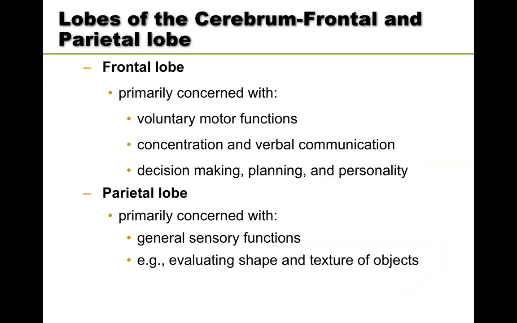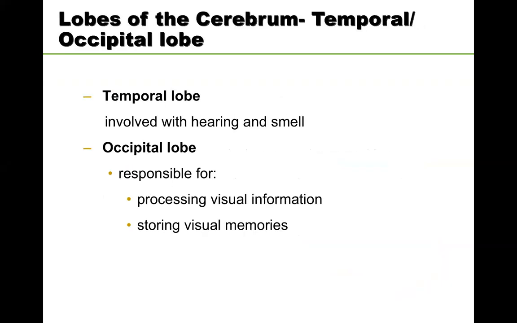Whatever I've said so far is written in words, so you can read through them. This is the frontal lobe, involved in motor function, concentration, verbal communication, decision-making, planning, and personality. The parietal lobe is mainly responsible for evaluating shape, size, and texture of the object. The temporal lobe is involved in hearing and smell, and the occipital lobe is responsible for processing visual information, and it also stores visual memories, okay?